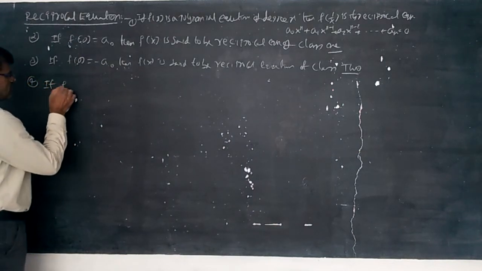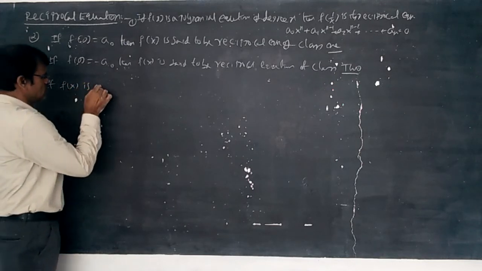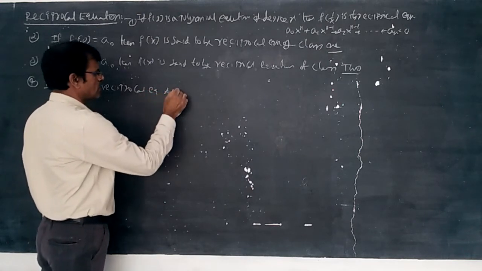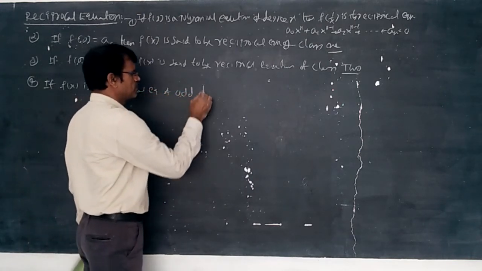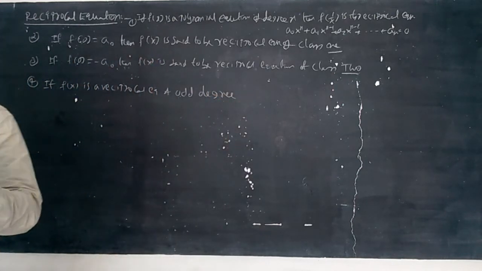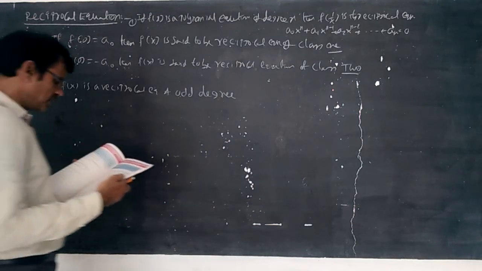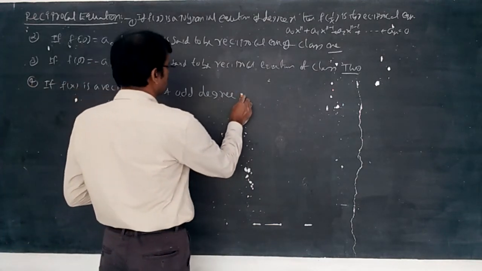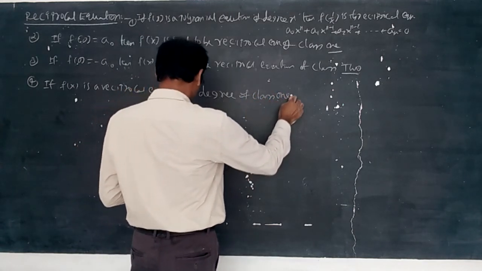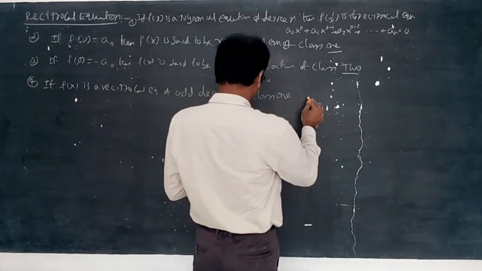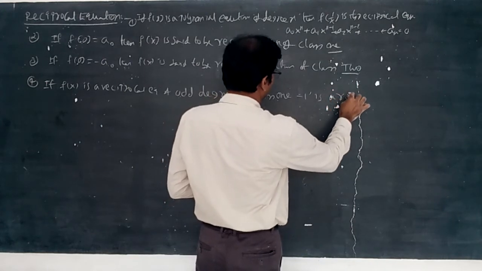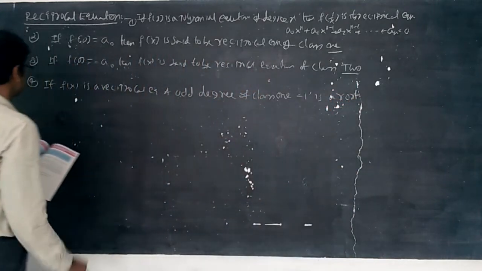If f of x is a reciprocal equation of odd degree of class 1, minus 1 is a root. It is a formula. Minus 1 is a root.